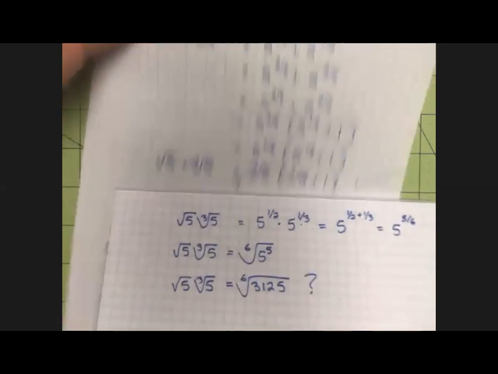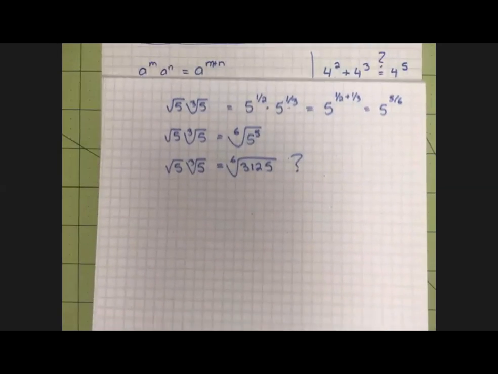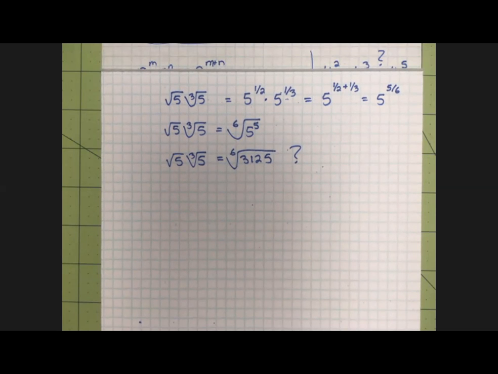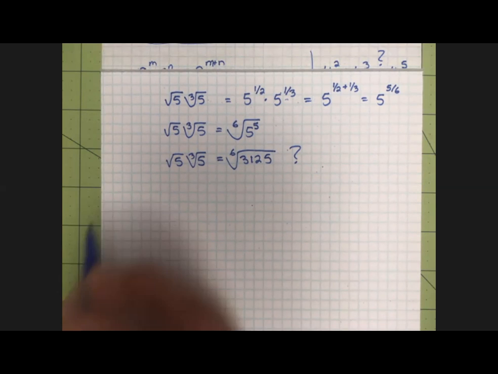Okay. Let me try one more here. We're going to just keep doing examples like this. Let's look at something like 31, just because it looks ugly.